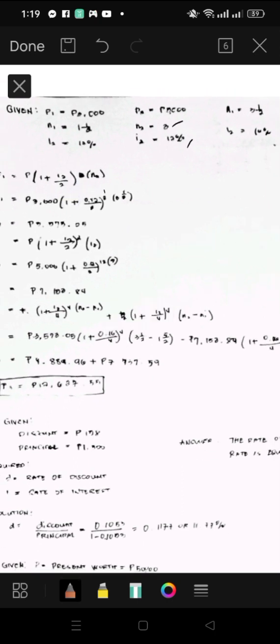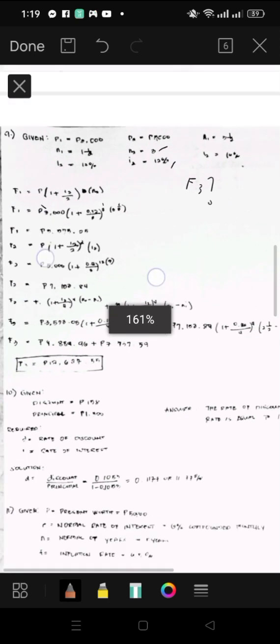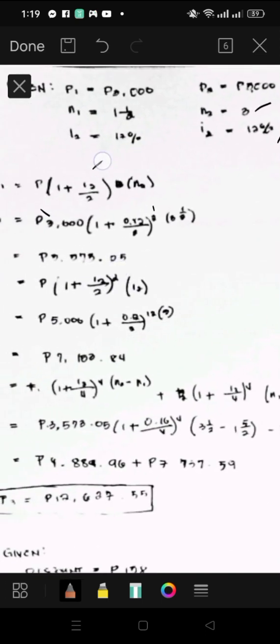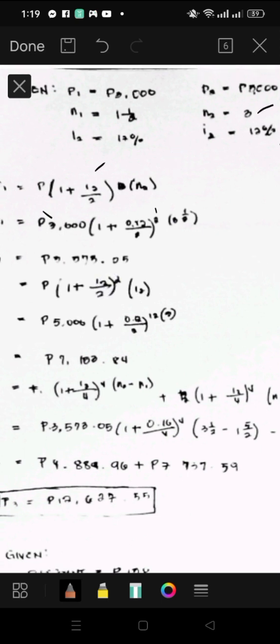So let us substitute the formula of compound interest, which is F equal to P quantity 1 plus 0.12 over 2 raised to the power of 2 times n1, and 2 is semi-annually, semi-annually means 2.